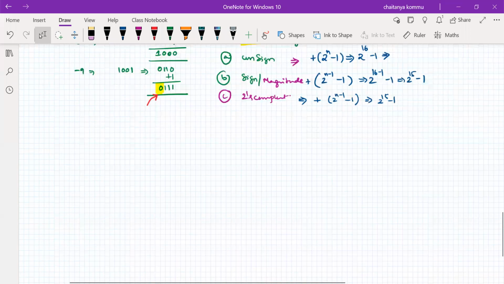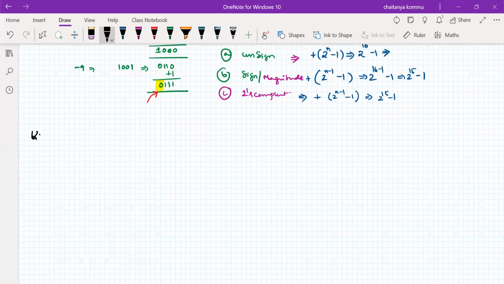Let us consider another problem. Example number 2. This problem belongs to representation, right? Convert the following 2's complement binary numbers to decimal. Before going to that, we'll do one thing.